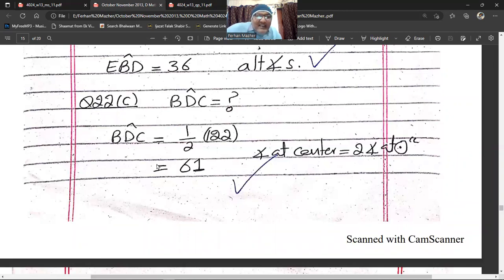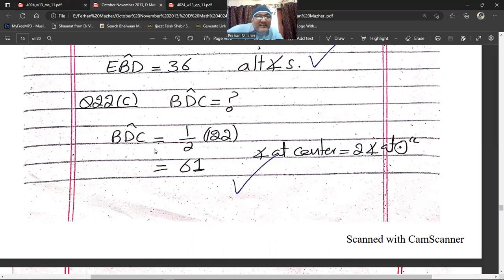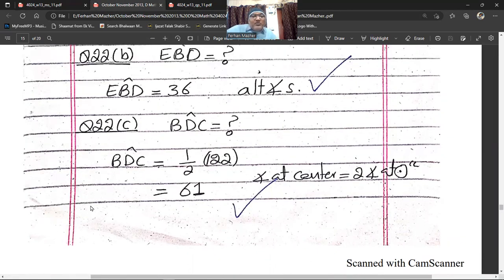So BDC angle will be 1 by 2 of 122, which is 61. So the BDC will be equal to 61. So our answer is right, and I hope you understand.